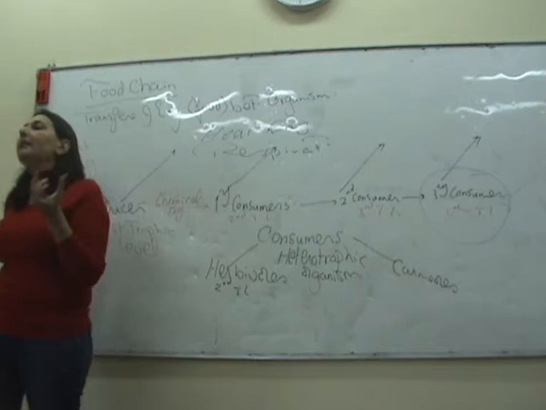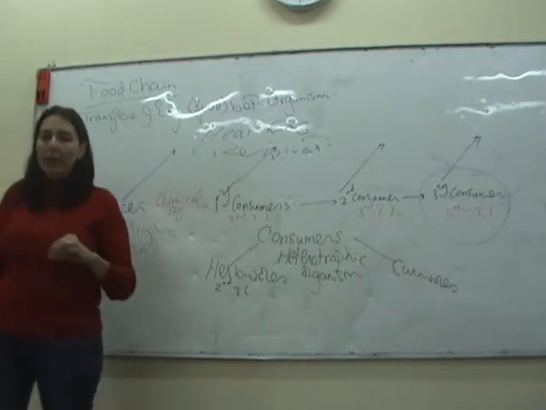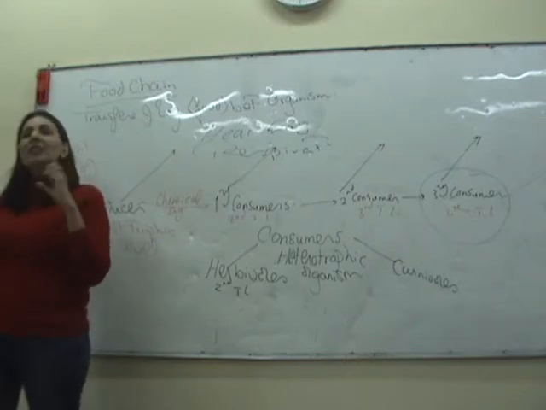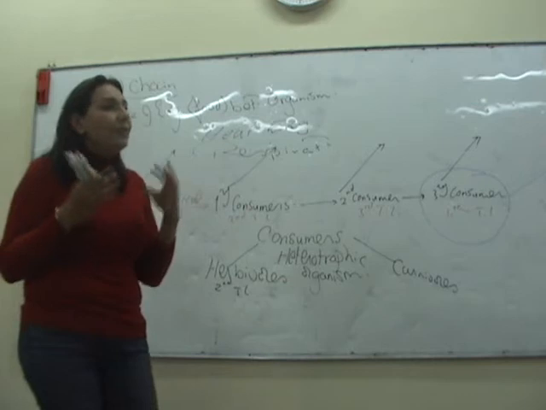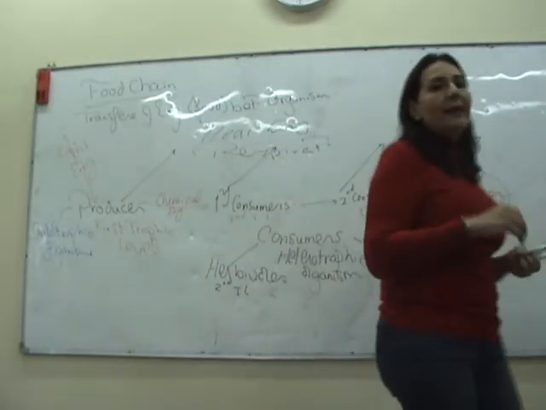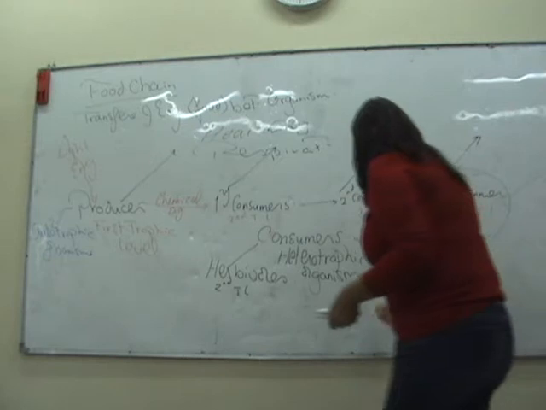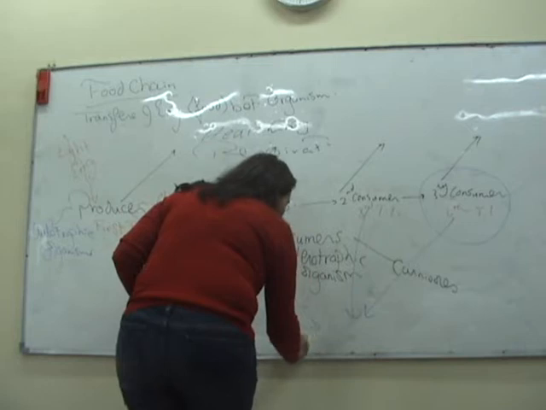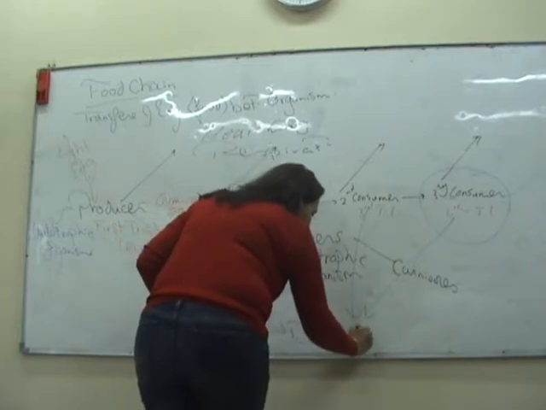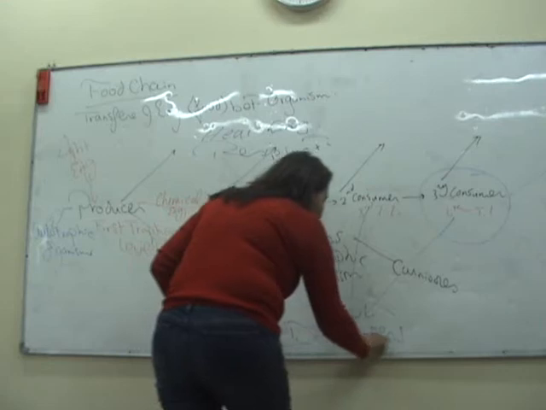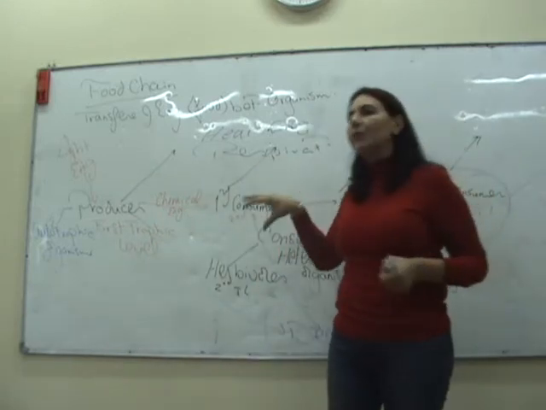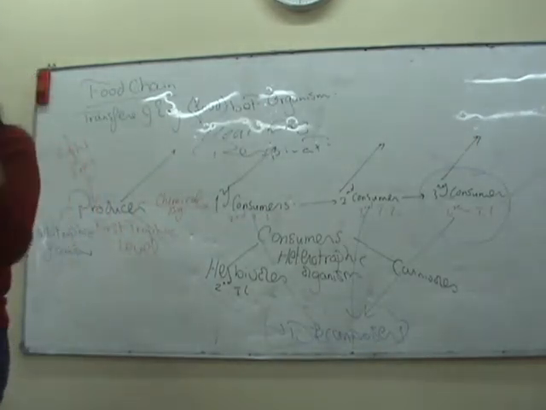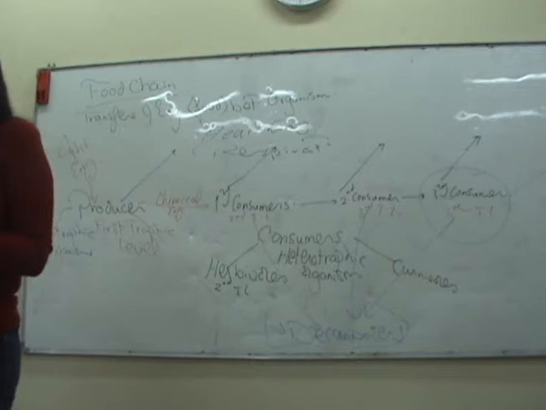The energy remaining in any trophic level, the energy that has not been lost and has not been consumed, is going to flow at the end to the decomposers.